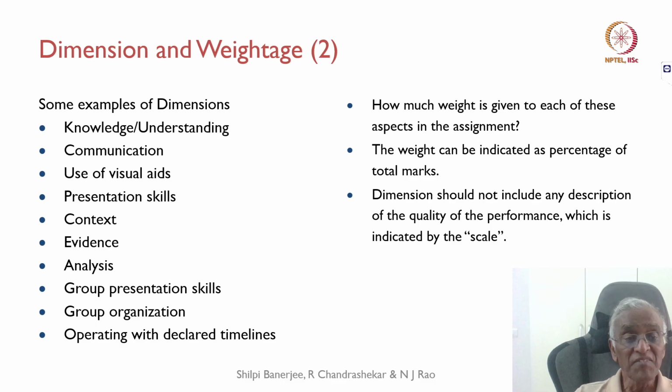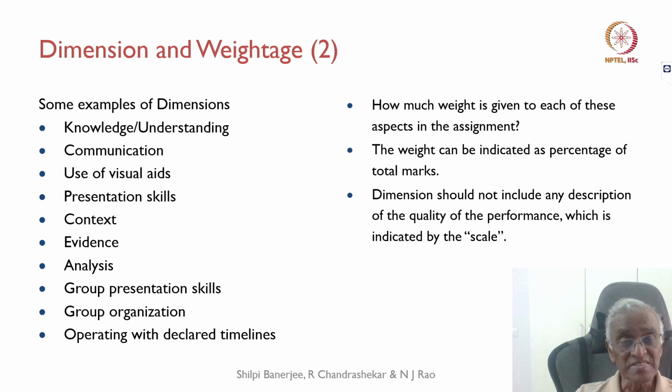Now what happens, let's say you are not going to use all of them as a part of any task. You will use a limited number of dimensions, we will come to that. And now, having selected the dimensions, how much weightage do you want to give to each of these dimensions?